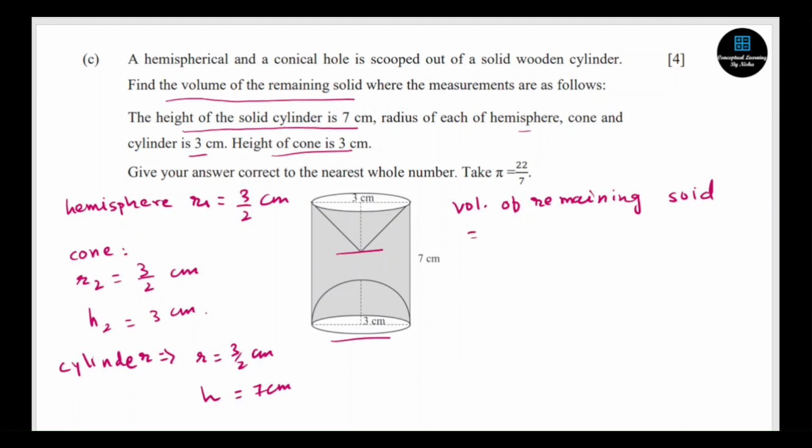Equals to volume of cylinder minus volume of, let me write here, volume of cone, and I am writing this in bracket, so I am adding volume of hemisphere to that.